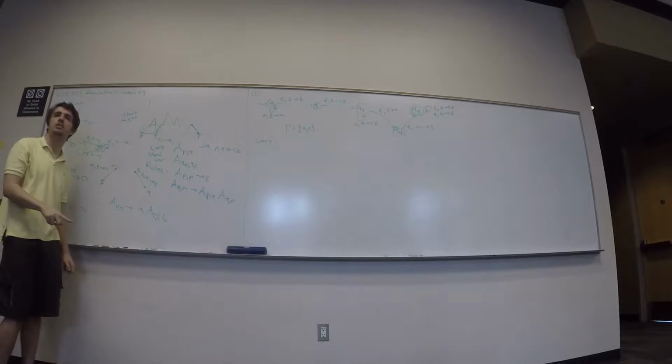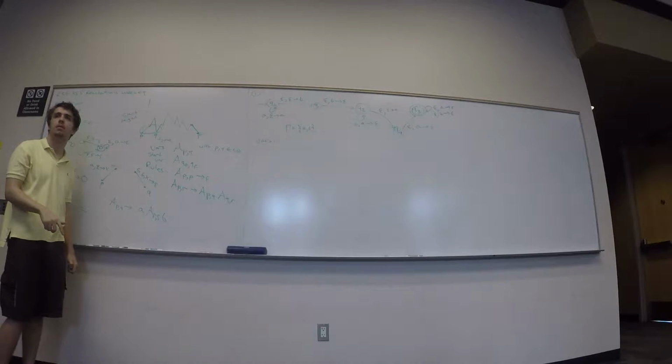So how many variables am I going to make? Don't all answer at once. How many variables am I going to have? How many choices of P do I have? 5. How many choices of Q do I have independently? 5. So how many is that in total? Don't say 10.